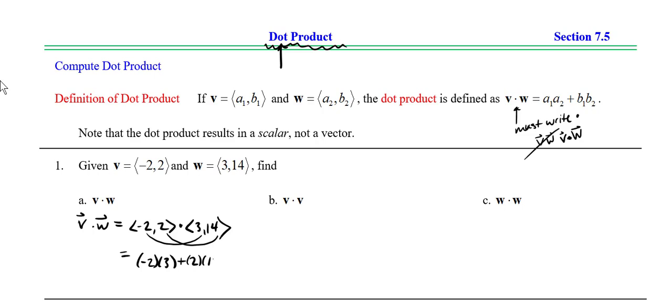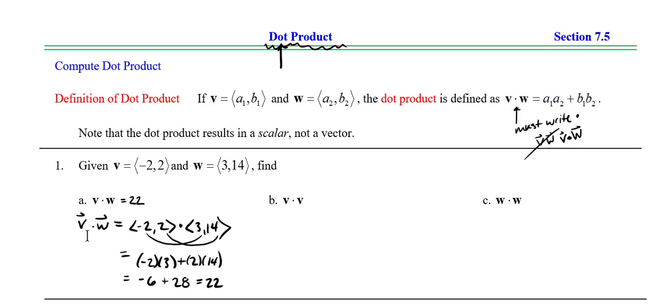So it's multiplication component-wise and then add the results. So this is negative 6 plus 28, which is positive 22. So I'll write my answer back up here: v dot w equals 22.